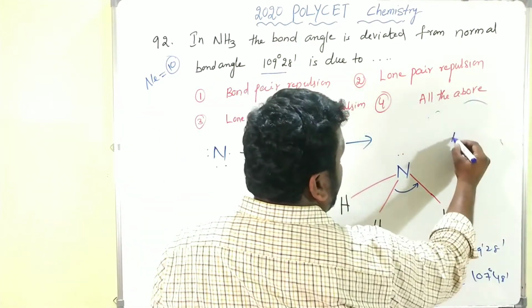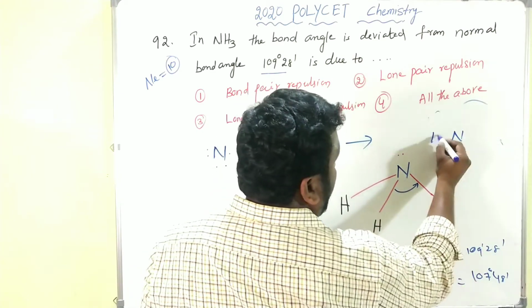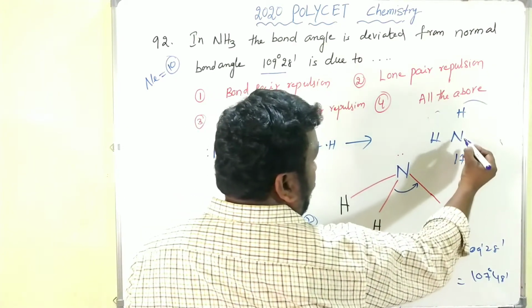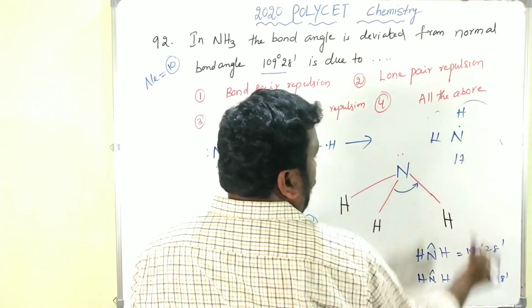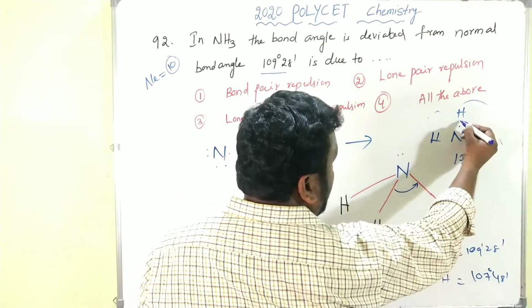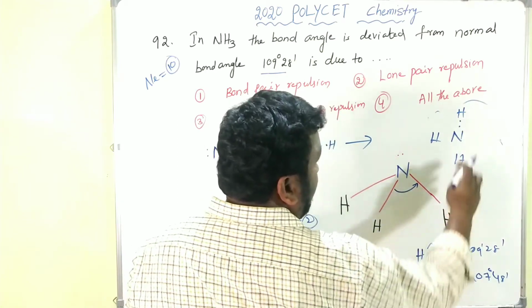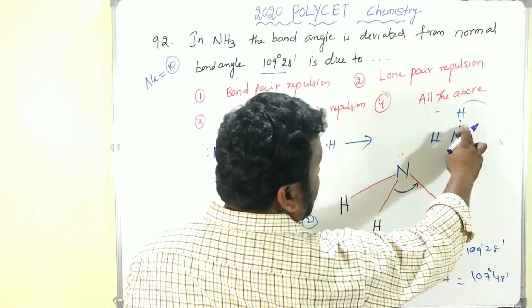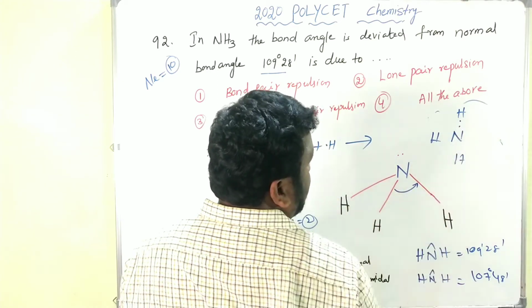Now nitrogen is the central atom, with 1 hydrogen, 1 hydrogen and 1 hydrogen around it. Nitrogen gives 1 electron and hydrogen gives 1 electron. This is what we call a pair of electrons, shared by both nitrogen and hydrogen.